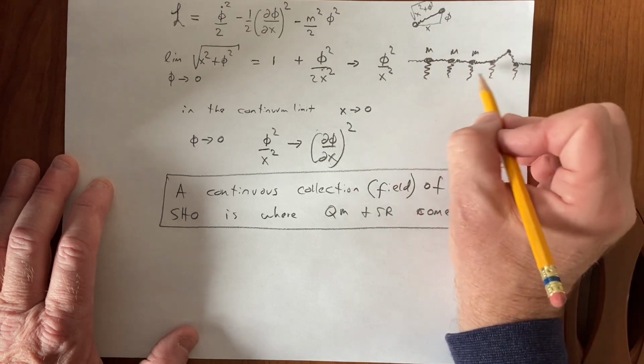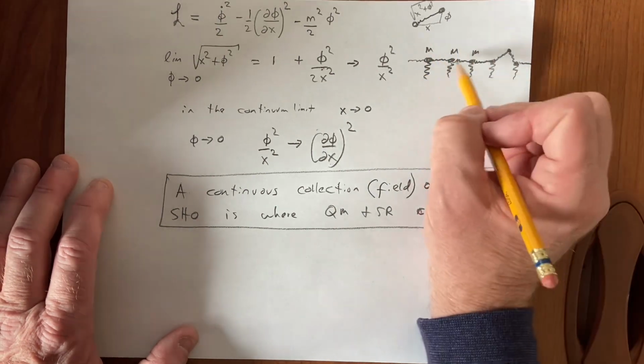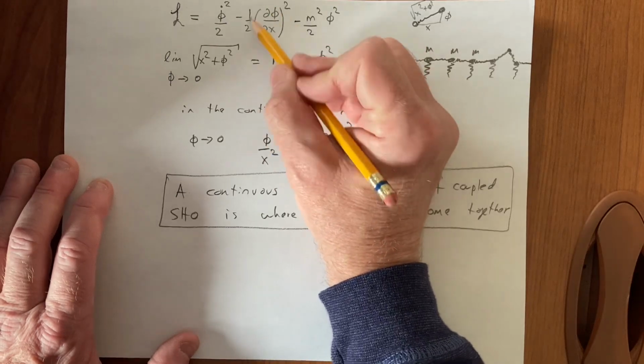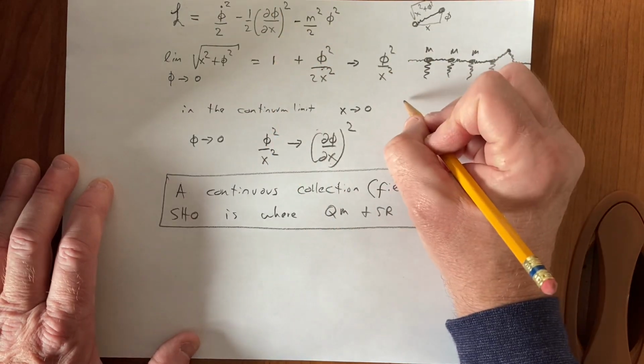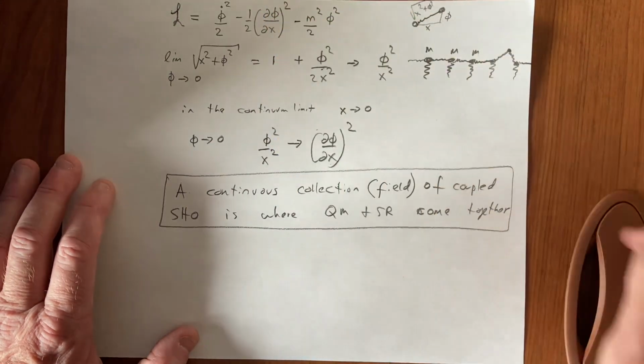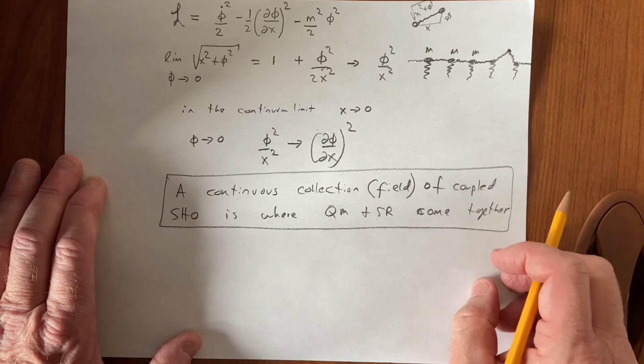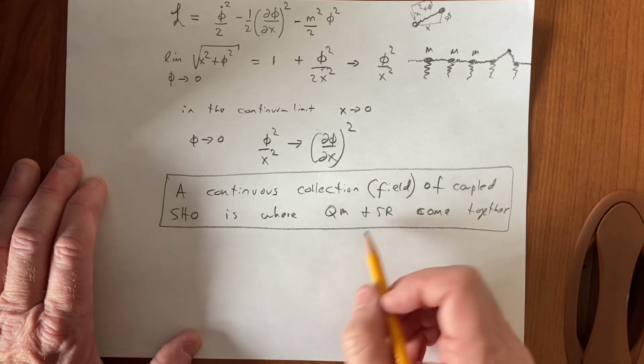And whatever that thing becomes, it usually is referred to as a mattress, especially when we have three dimensions, so x and y, where that becomes a (∇φ)². That is the object that you have to deal with when we're combining quantum physics and special relativity.